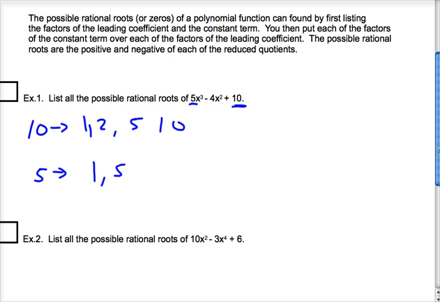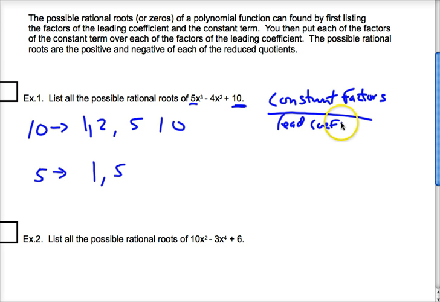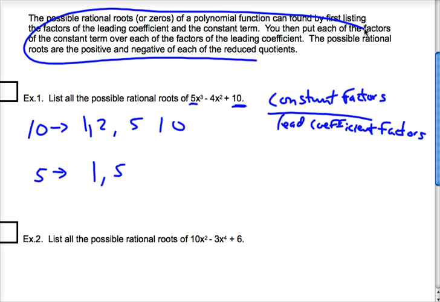Now what needs to happen is you need to put the constant factors over the lead coefficient factors. That's essentially what's being set up here. But also keep in mind that it doesn't have to be positive. You can also have negative.